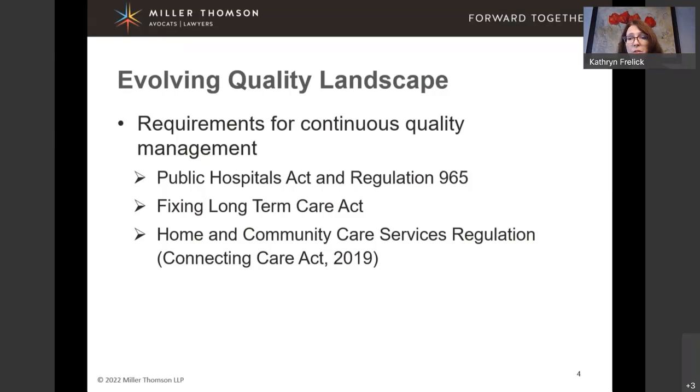And one of the new sets of amendments relate to continuous quality management and ensuring that there are programs in place for every home to address those important issues. And then another example is in the Home and Community Care Services Regulation under the Connecting Care Act, which continues obligations for home and community care service providers to have a quality of care system in place.